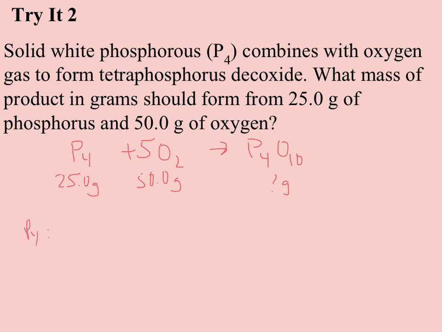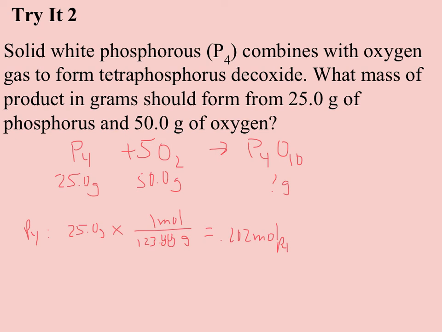I'm going to change it to moles, so 25 grams. I want moles. I have grams. I find P and see that phosphorus weighs 30.97. So P4 would weigh 123.88. So my 25 grams is 0.202 moles of P4.